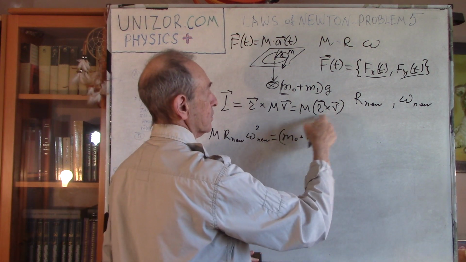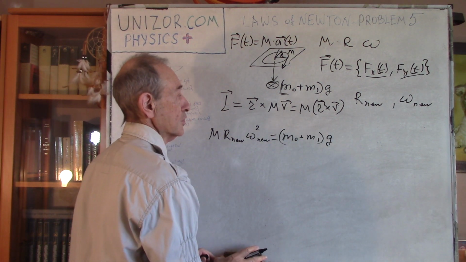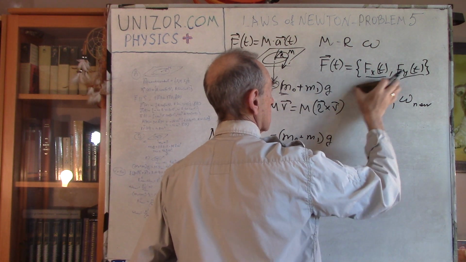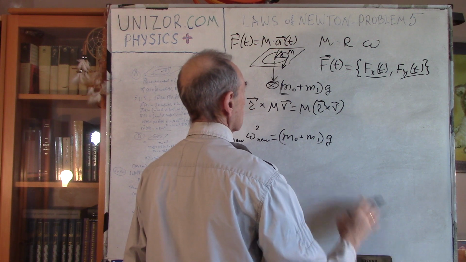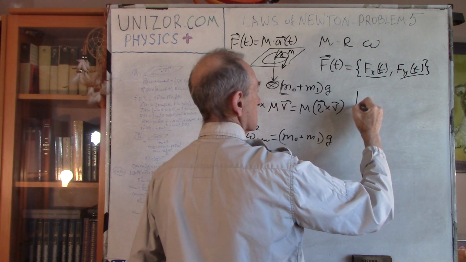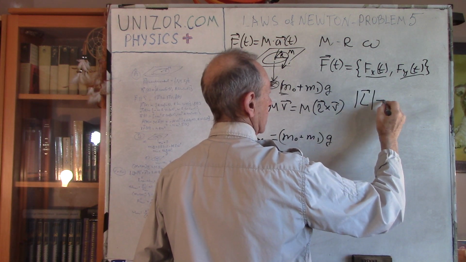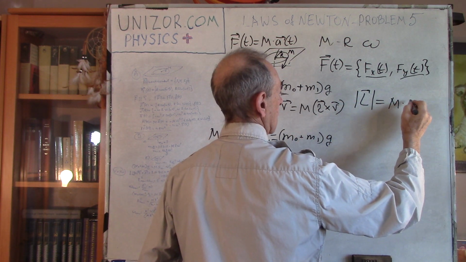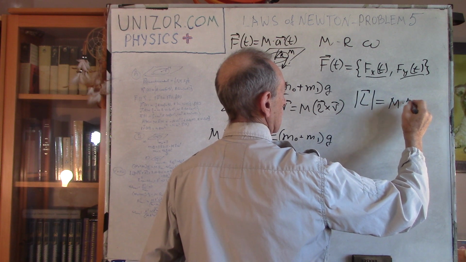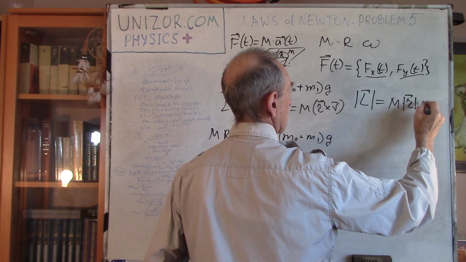So they are perpendicular to each other, which means that the sine of the angle between them is equal to 1, and the modulo of this is actually mass times r times v.